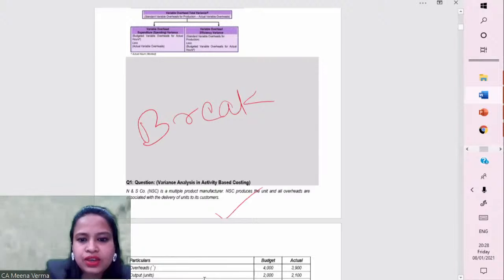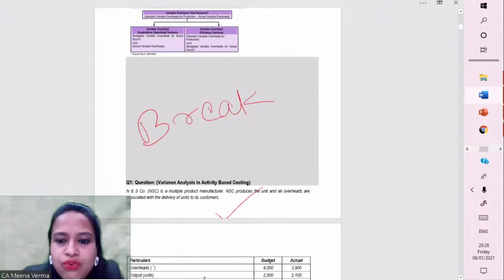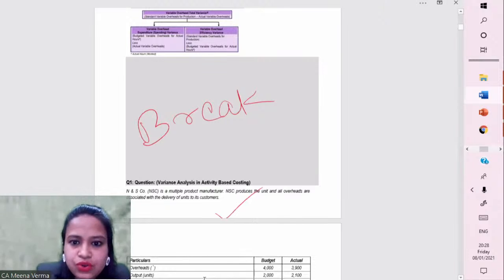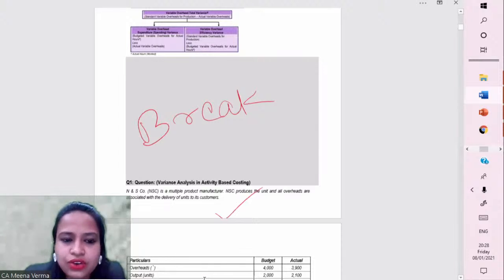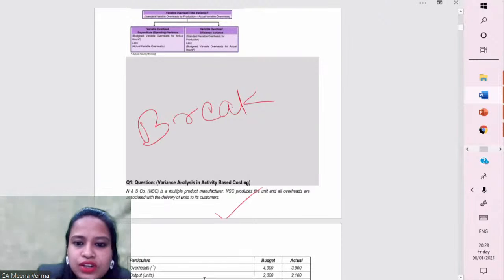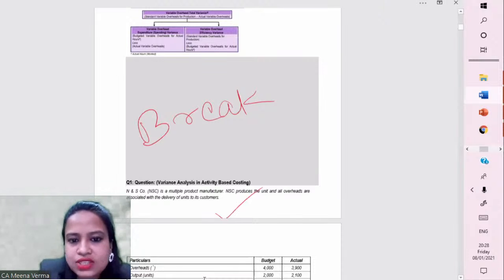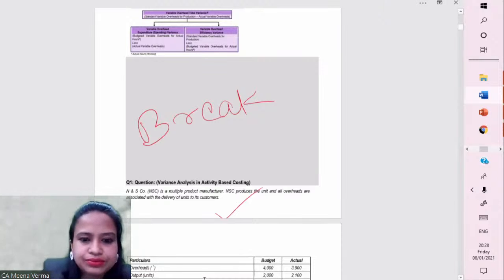What is the standard cost of activity? You have to calculate the cost per delivery. If you divide the cost by the number of deliveries, you will get the standard cost per activity.